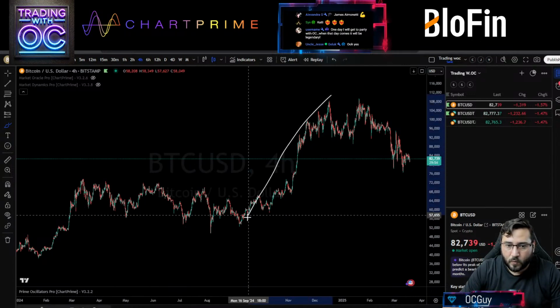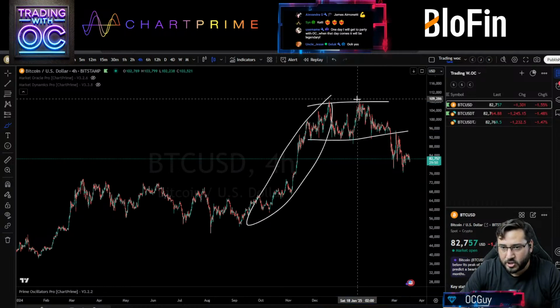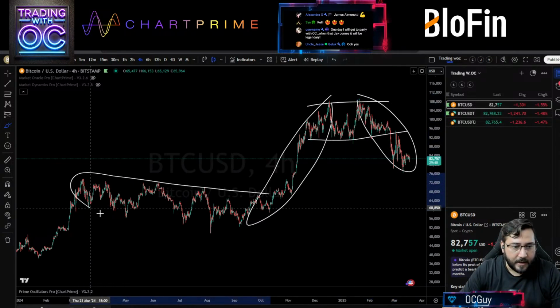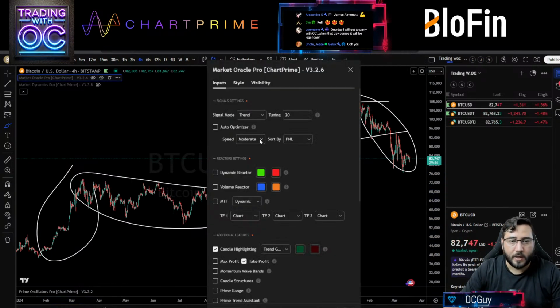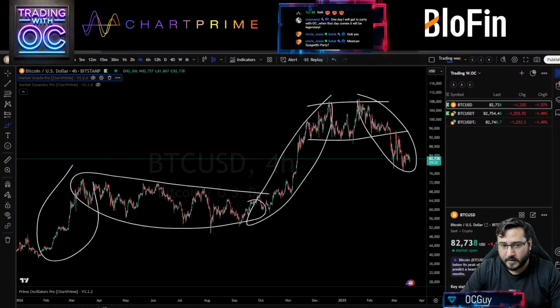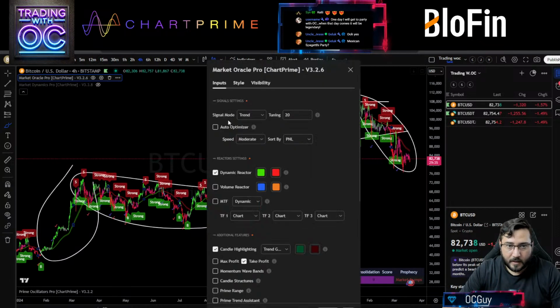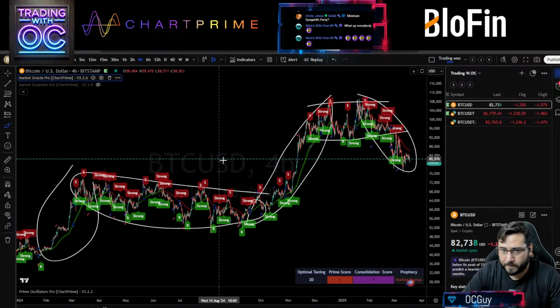I see where my brain catches an uptrend, a range, a downtrend, again a downtrend, and an uptrend. Perfect, that's it. Then I go into my settings on the Market Oracle and turn on my dynamic reactor. That's going to be it. And just for now, let's turn highlights off and also disable trend mode. All right, that's it for now.